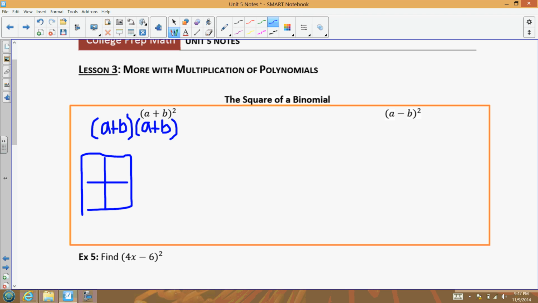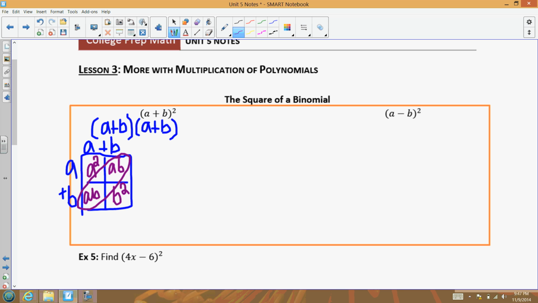a box. So if I set up a box to do this, I have a plus b times a plus b. This first opening here, I'm going to have a squared. Then I'll have a times b. Then I'll have a times b again. And then I'll have b squared.